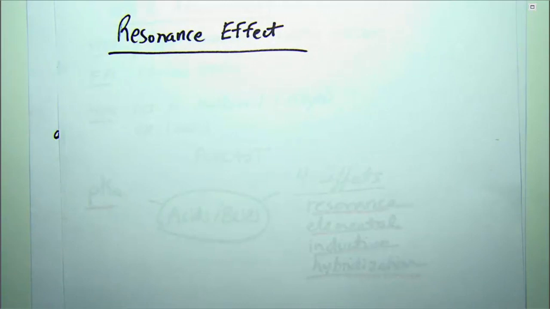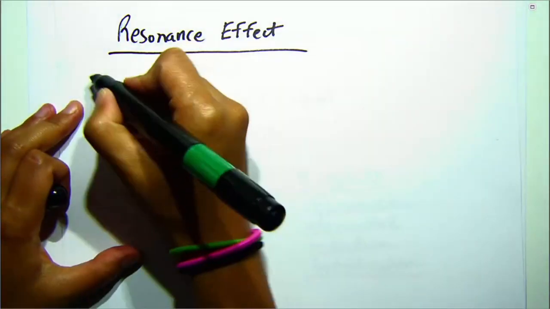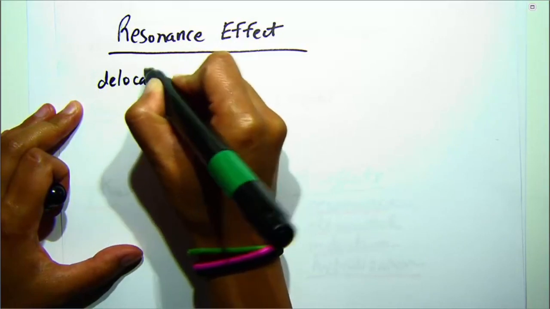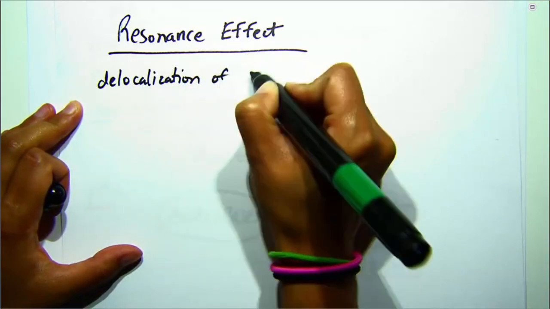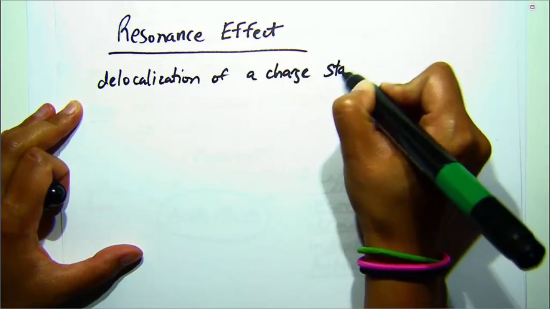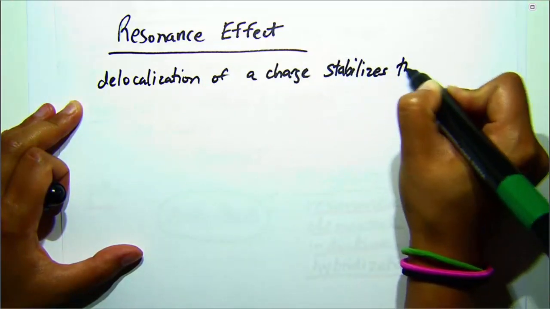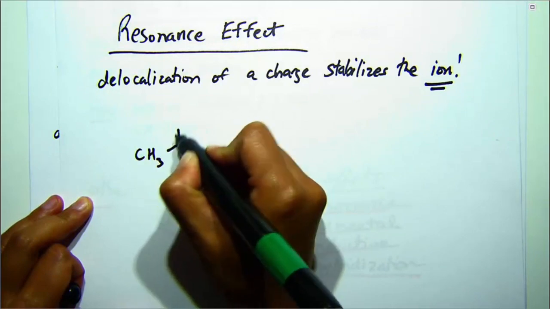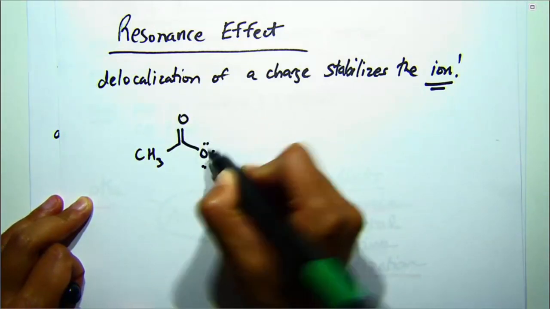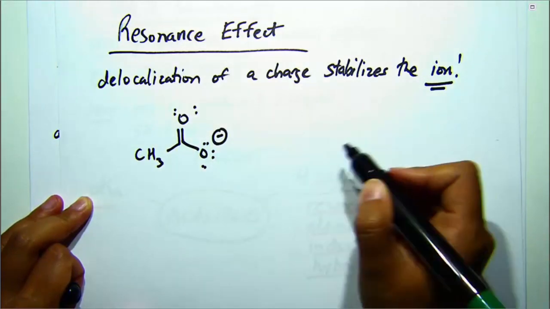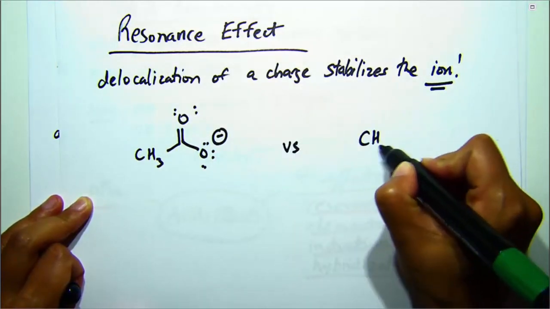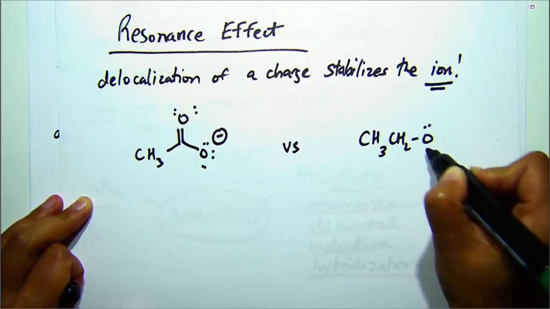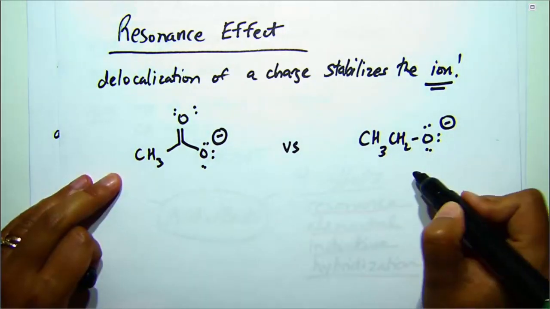And as a reminder, this effect says that delocalization of a charge stabilizes it. So for example, when we compare two anions, the acetate anion with a -1 charge versus, for example, just an alkoxide anion, here this charge is localized.